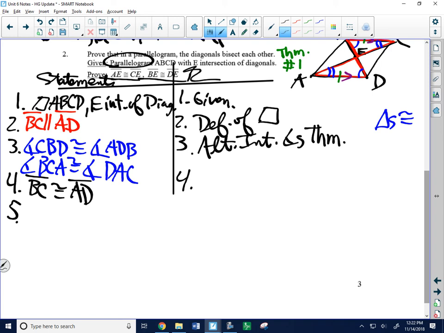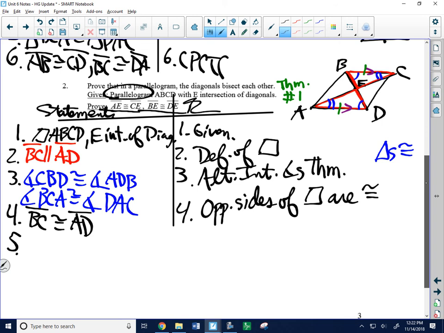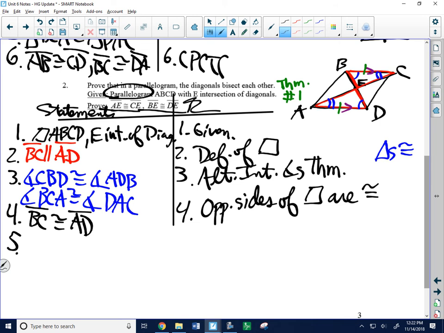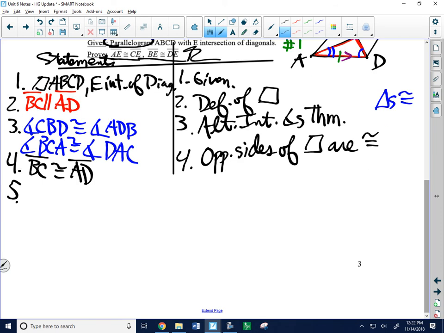It was the property that says opposite sides are congruent. I'll put opposite sides of a parallelogram are congruent. Okay, so again, I'll be very clear on practice or quiz if you're allowed to pull other theorems and use those.